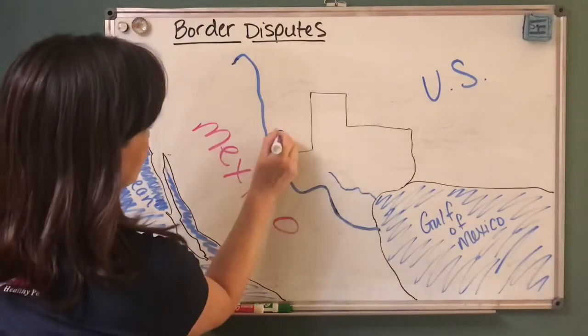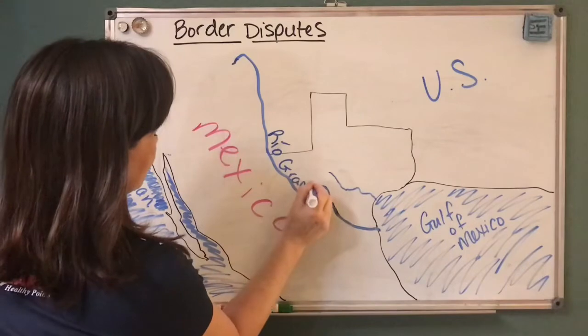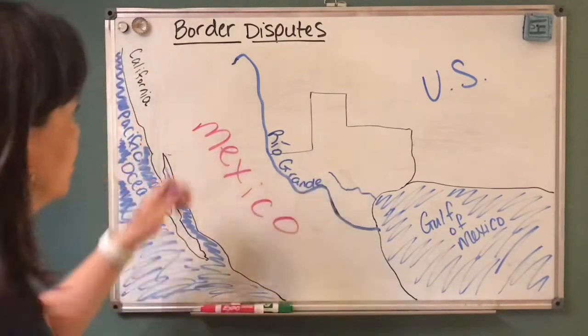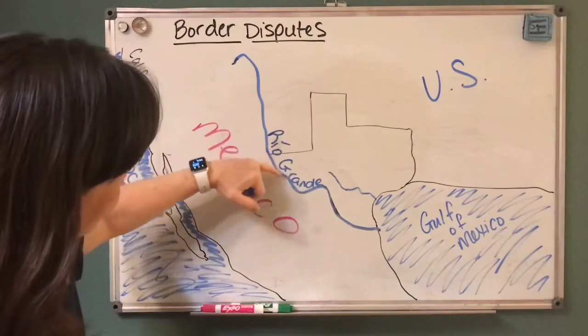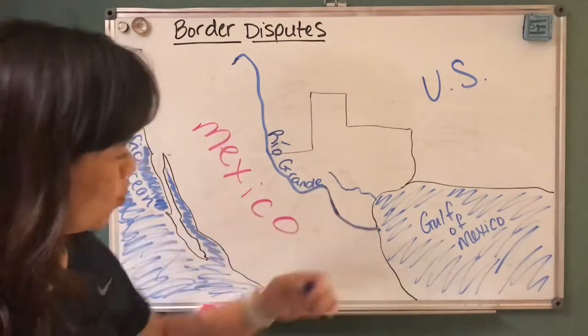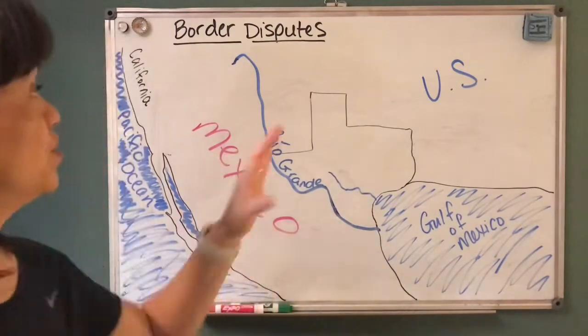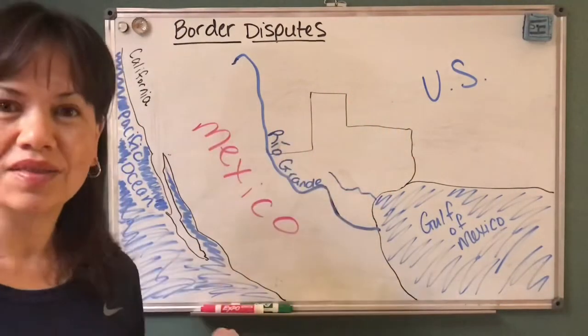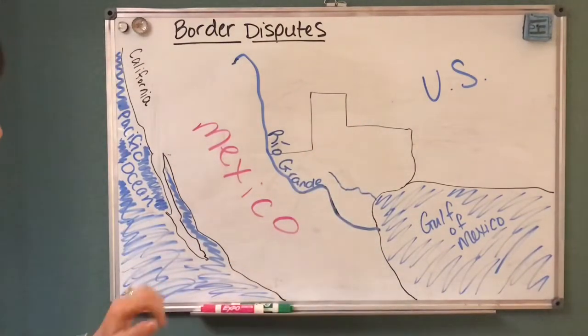So here's the Rio Grande, which starts way up here, but then, as you can see, it covers the southwesternmost part of Texas's border as we know it today. And so the U.S. held that that was the border between Texas and Mexico.